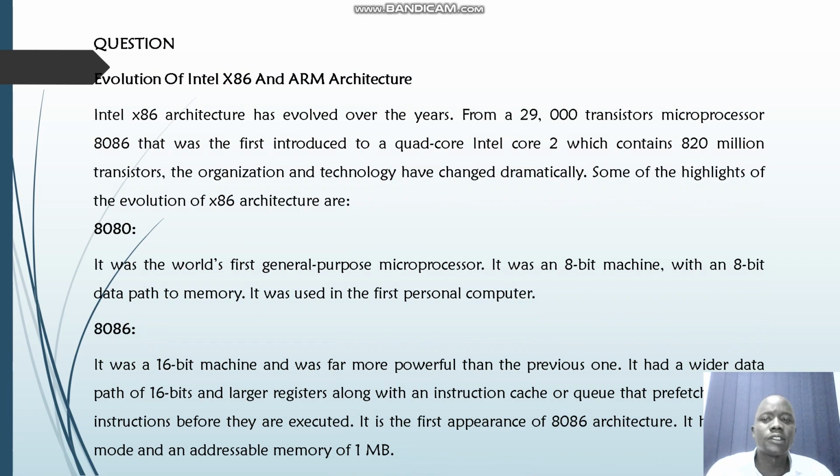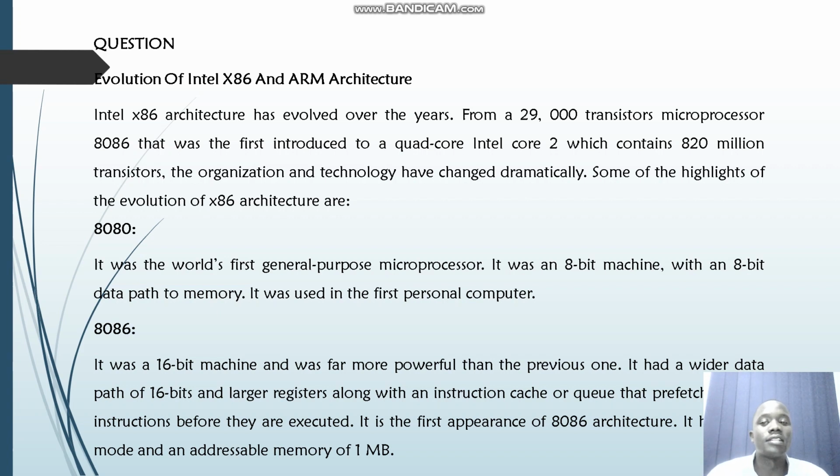Intel x86 architecture has evolved over years from a 29,000 transistor microprocessor, the 8086, that was the first introduced, to a quad-core Intel Core 2, which contains 820 million transistors. The organization and technology have changed drastically.